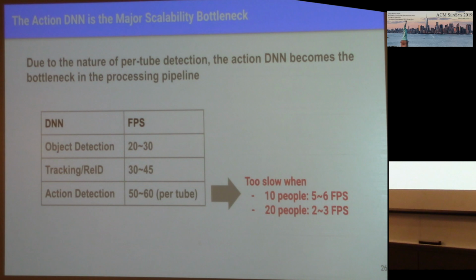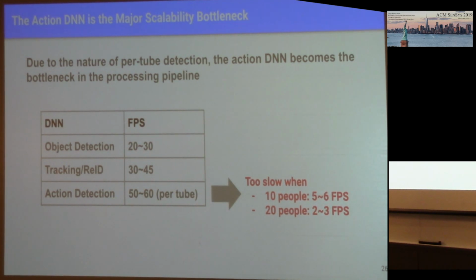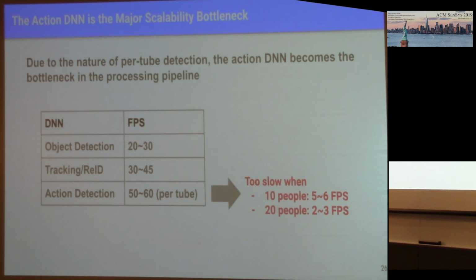It runs at 50 to 60 FPS per tube. That seems fine, right? But it depends on the number of persons in a frame. If a frame has 10 persons inside, the FPS will drop a lot. Not to mention that we have a lot of concurrent videos at the same time. So the key is how we can optimize the action detection DNN execution at runtime.